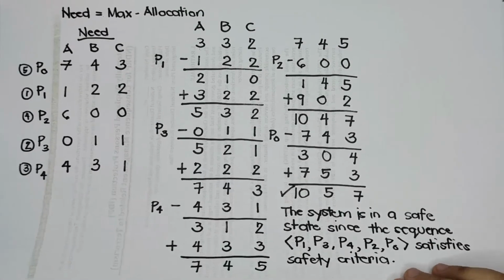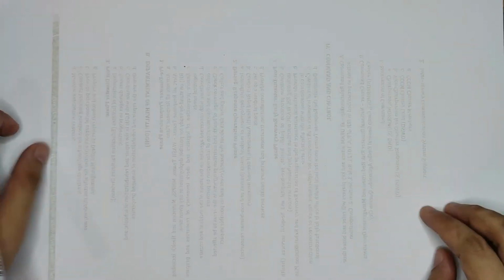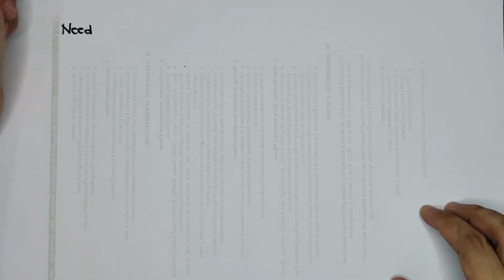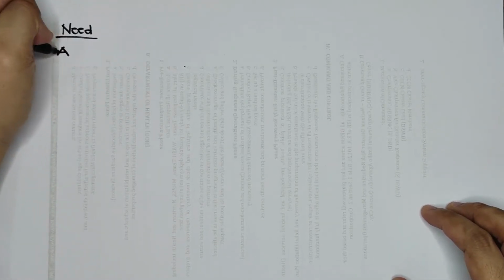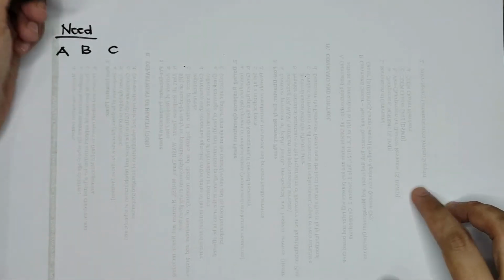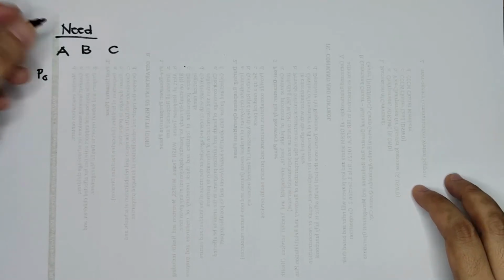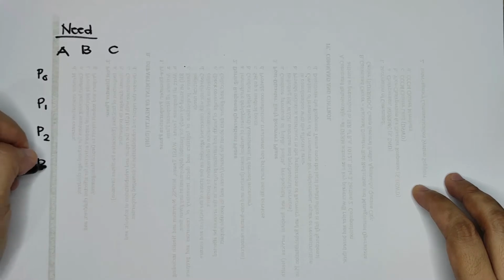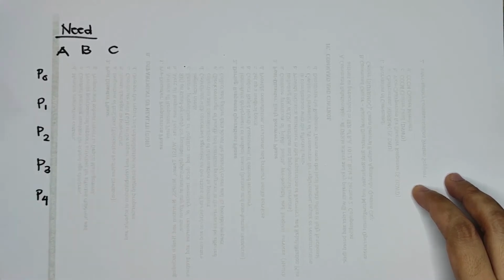Okay, so we have another example. So please allow me to rewrite again the need. So need for P sub 0, P sub 1, P sub 2, P sub 3, and P sub 4.